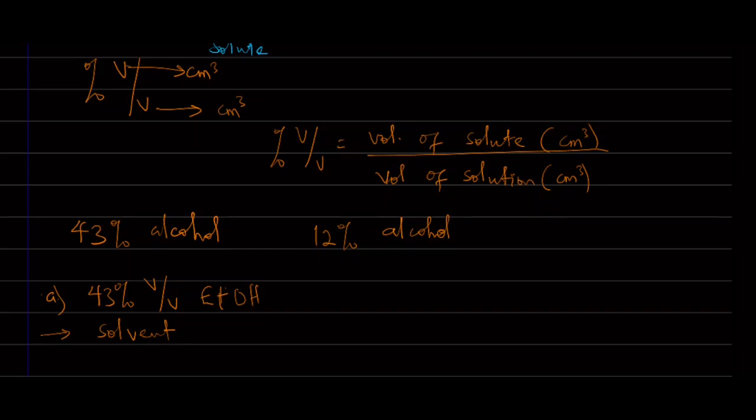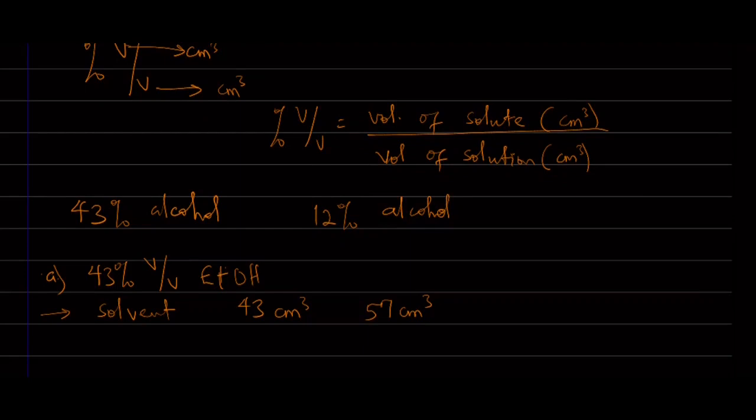With respect to solvents, that means 43 centimeter cube, since it is volume to volume, 43 centimeter cube of alcohol is dissolved in 57 centimeter cube of water, which is distilled water. I've used it with respect to the solvents involved.